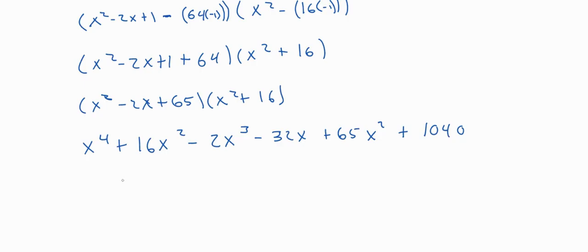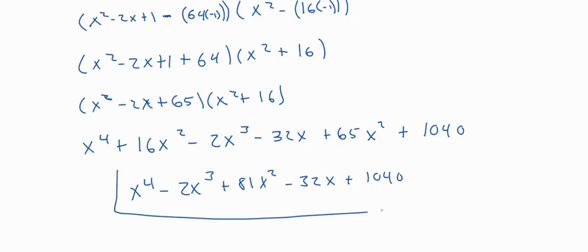And simplifying that a little bit by combining like terms, we're going to get a final answer of x to the fourth minus 2x to the third plus 81x squared minus 32x plus 1040. And that right there will be our final answer.